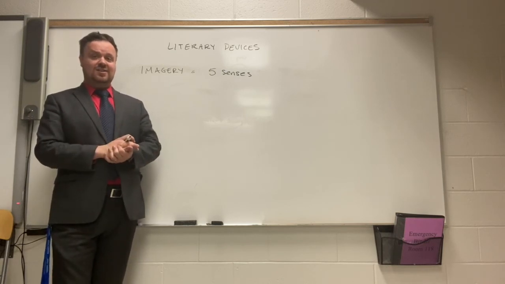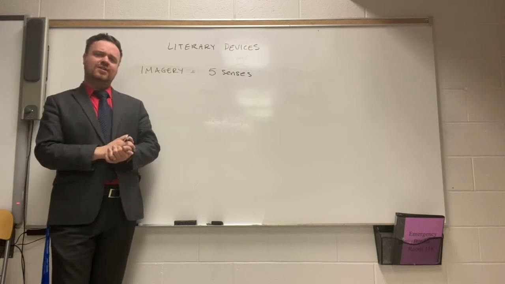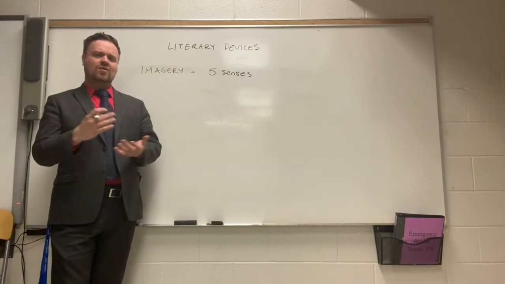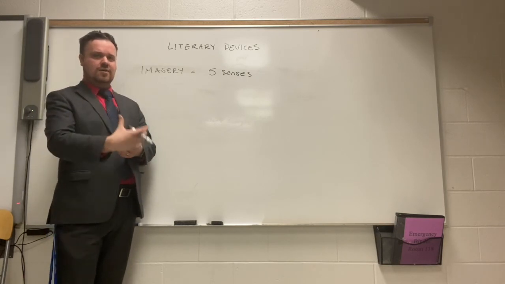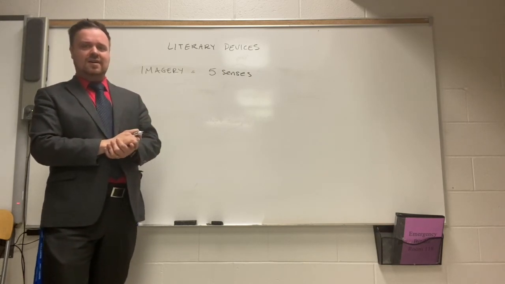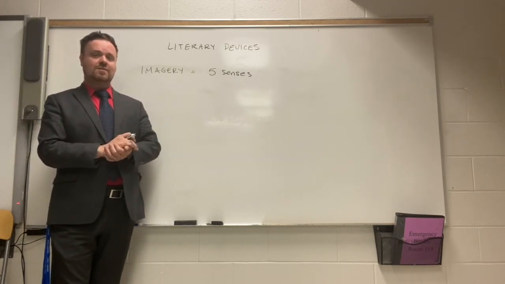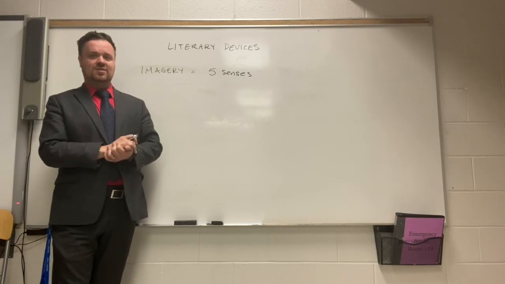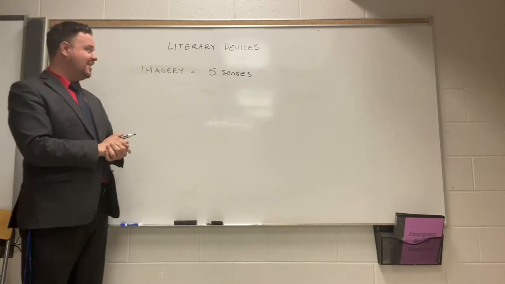So you could say the sweet, tangy accents of fresh strawberries intermixed with banana and cream made my taste buds explode when I bit into my gelato. That is a little bit more vivid, gives you a little bit more imagery when it comes to describing how something tastes.